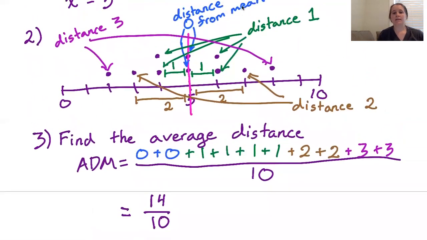So that means that our typical distance, we're about 1.4 away from the mean. So those 4 points outside balance out those 6 points that are within that distance from the mean. All right, so that's our ADM. We will play around with the ADM some more in the next video.